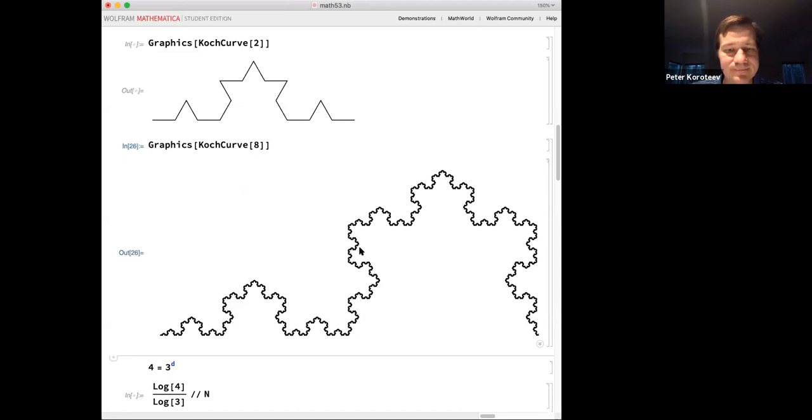It looks as if it's fat, as if it's not just a single line, but some kind of smoothed out shape. And then you can ask yourself, what is the dimension of the thing? How shall we understand the dimension?